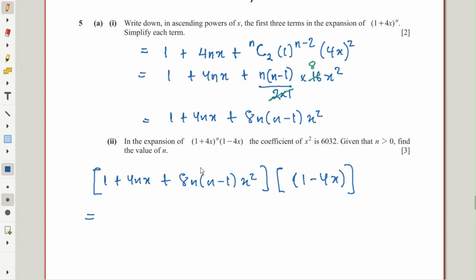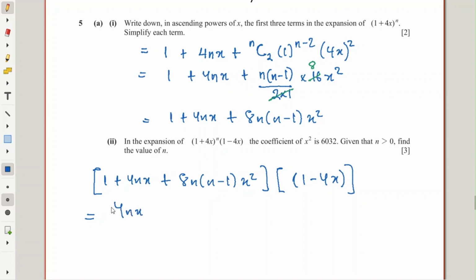If I multiply 1 by 1, will I get x squared? No. 1 by this, will I get x squared? No, I get x. So this one is out. Let's check. 4nx by 1 doesn't help. 4nx by negative 4x, it works.